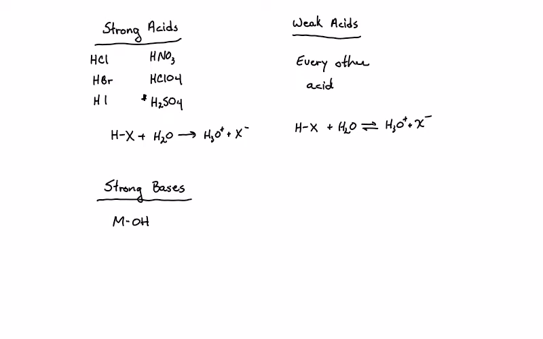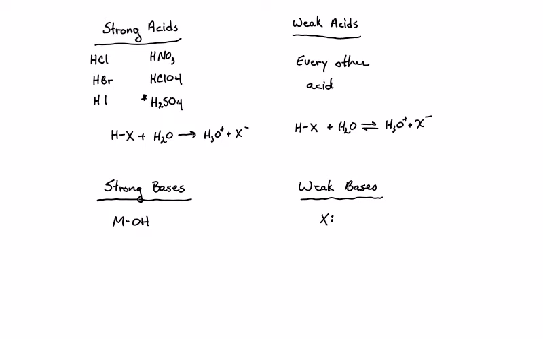It could be calcium, it could be lithium, so group 1 or group 2. Any of those would be considered strong bases. But we can also have weak bases. Okay, and this is going to be anything that has a lone pair of electrons. Okay, and some bases are weaker than others.